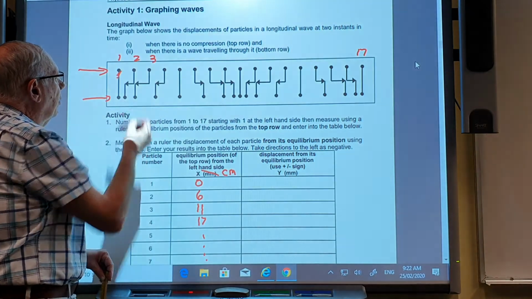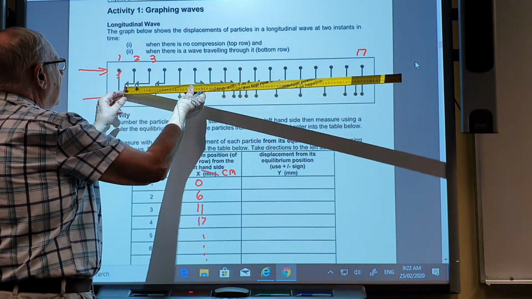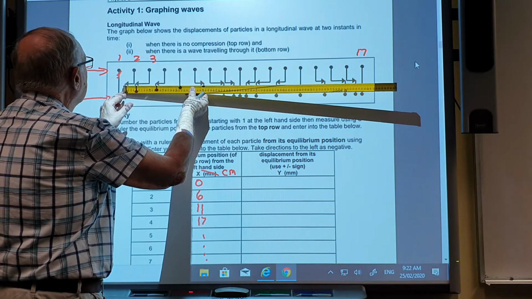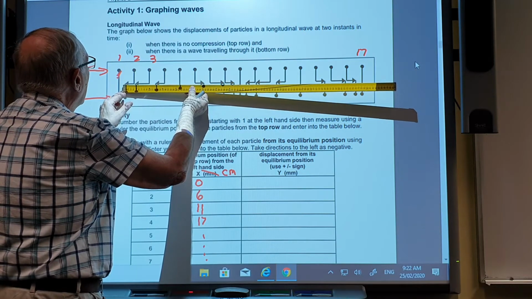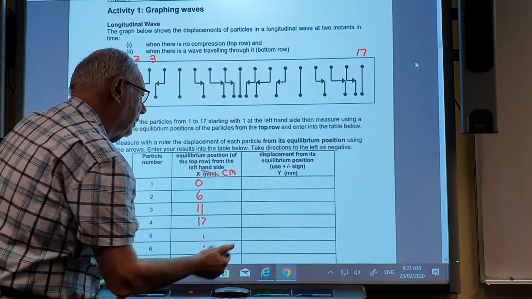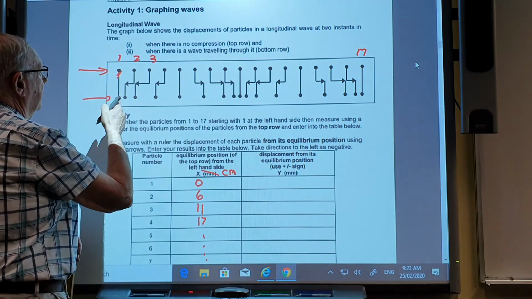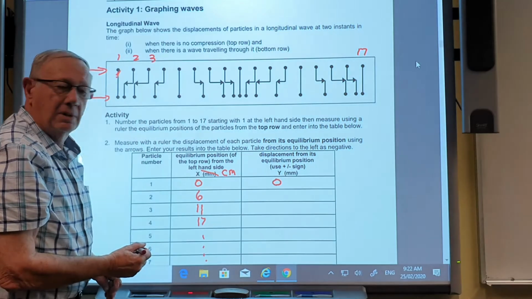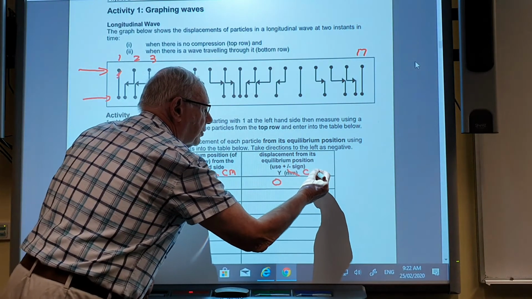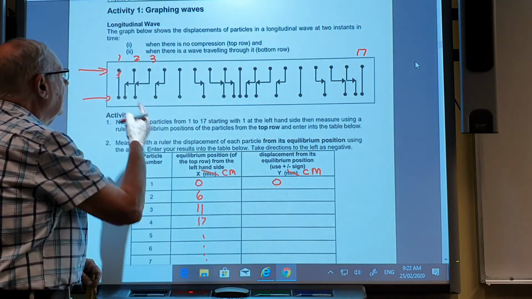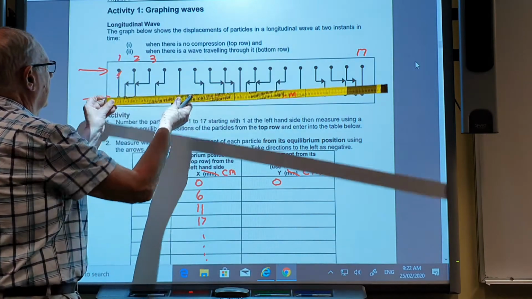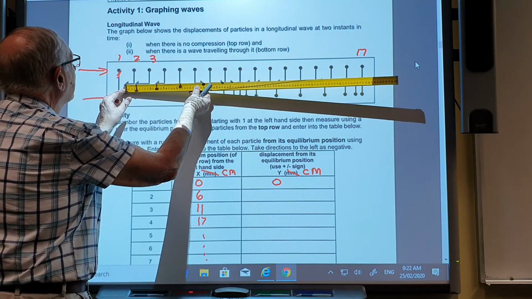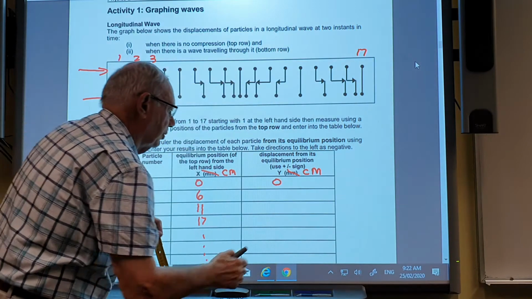So what I've got to do is measure this, and in my case that is close enough to about 3.4. Now the first instance there is no displacement, and again I'm measuring in centimetres. In the second case, as I said, the measurement was about 3.2.